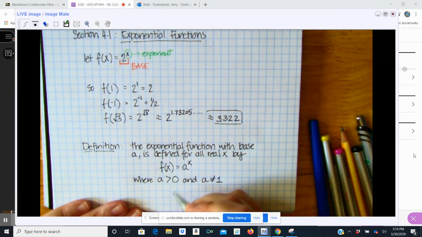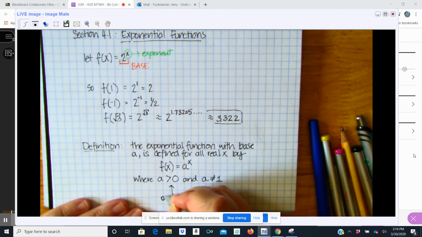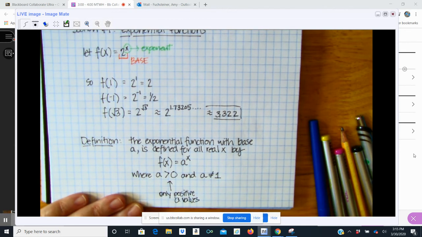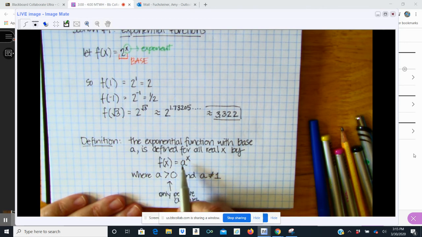So a couple of things. We can only have positive a values. So our base is only a positive a value, not a negative a value.